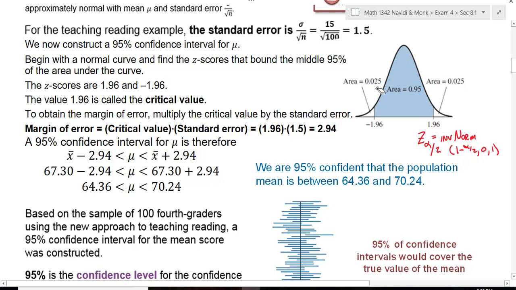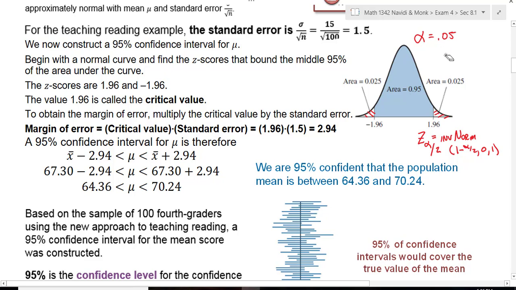Because I want a 95% confidence interval, alpha here would be equal to 0.05. That alpha region has to be split evenly over the two tails since I wanted the middle area to be 0.95. That's why this area is 0.025, because half of 0.05 is 0.025. Alpha is the 5% that we're not going to be confident in.